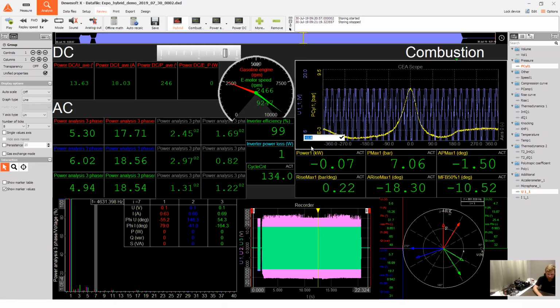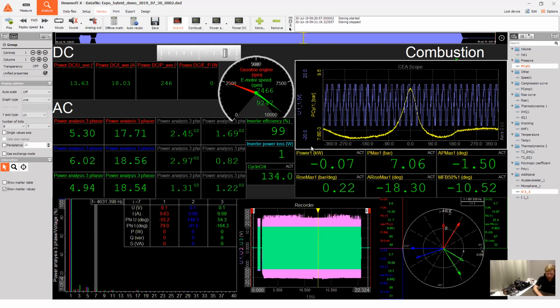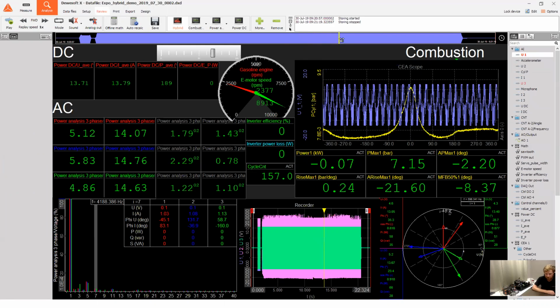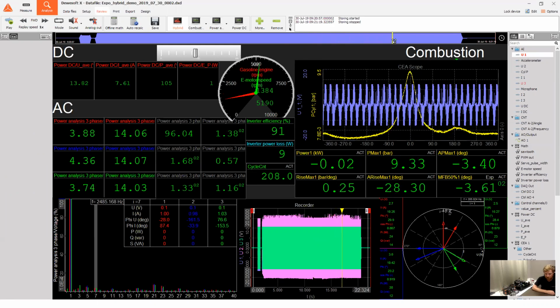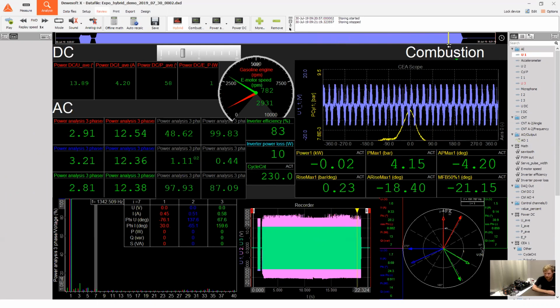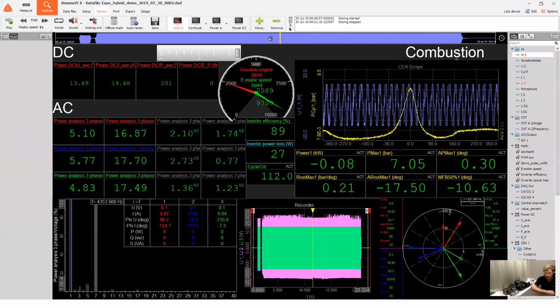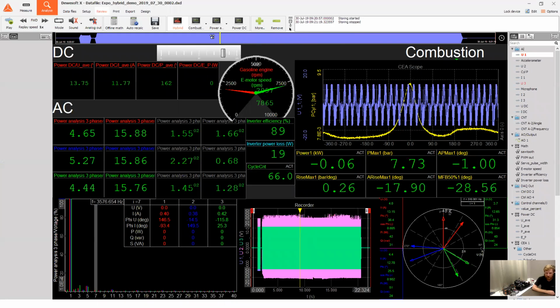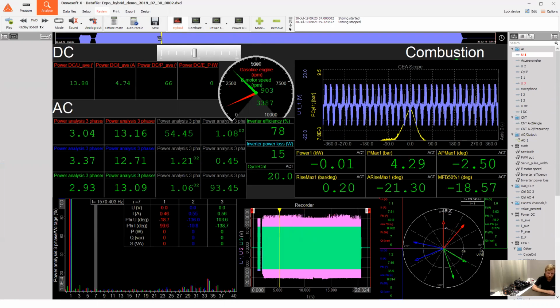Put this to 20 volts, from -20 to 20. We can see how the voltage is changing when we change the RPM, and we can see this in combination with the actual pressure.